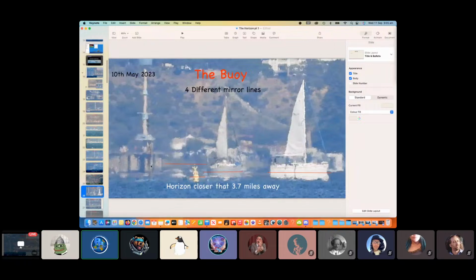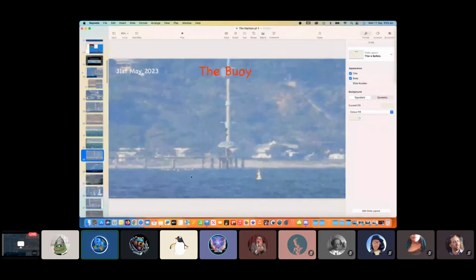Now, what I'm saying is, let's extend this red line across here, and we get all the mirroring underneath. But now imagine that this was all sky, and this jetty was here, and this was the same color as the sky. It would look like it's floating, but not mirrored.